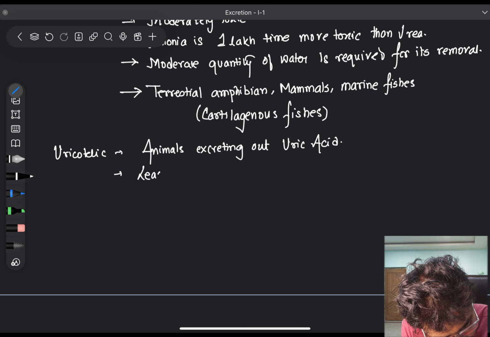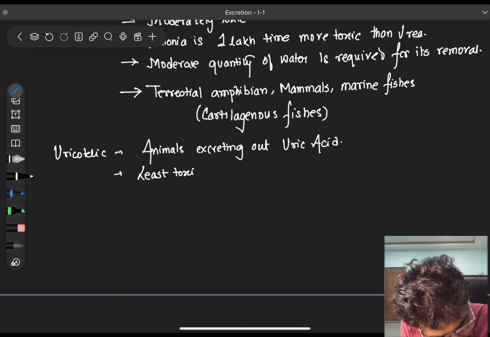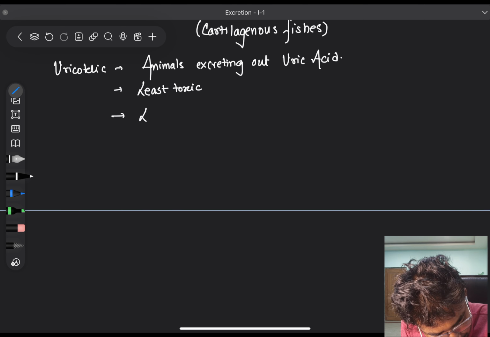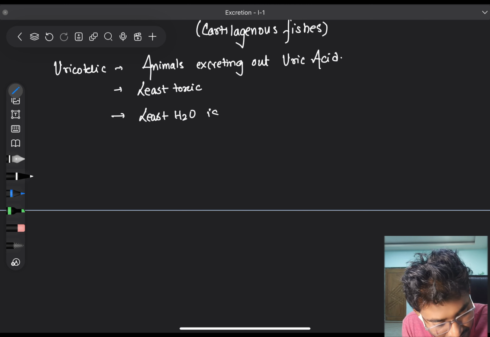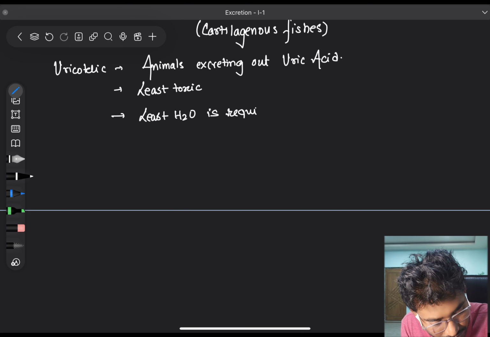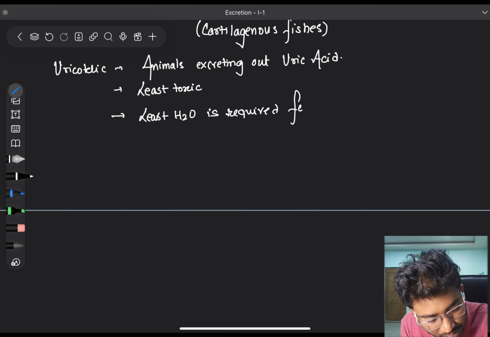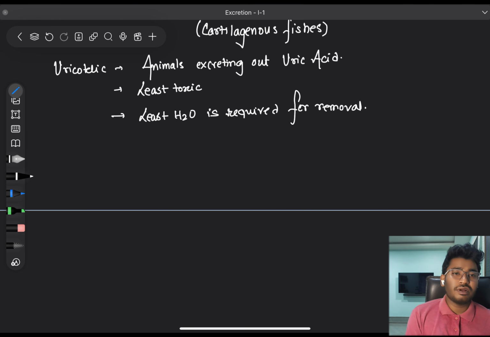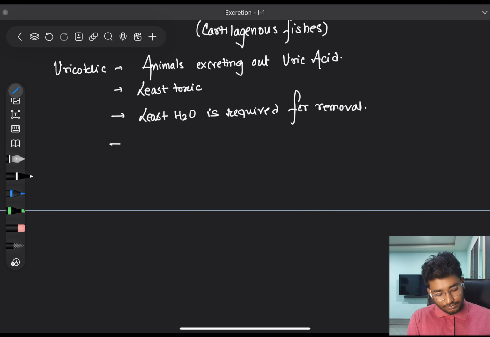It is least toxic, and very little water is required for its removal.